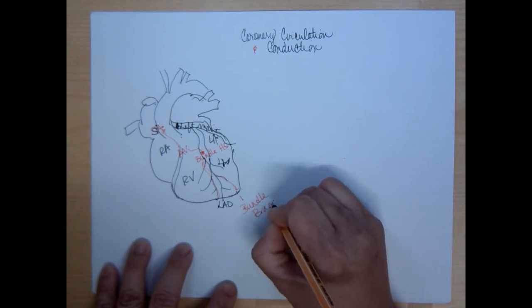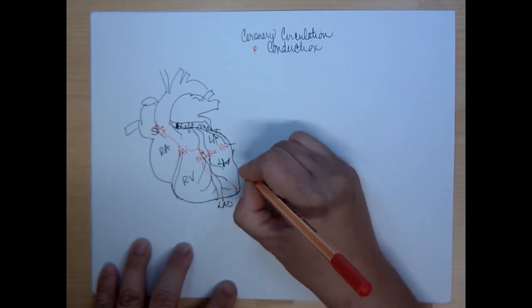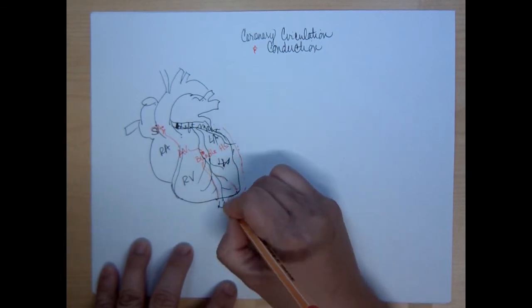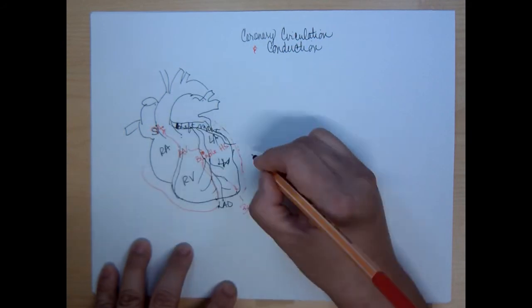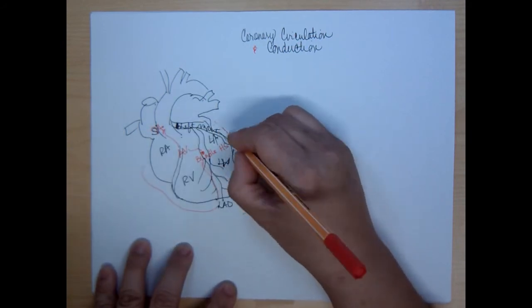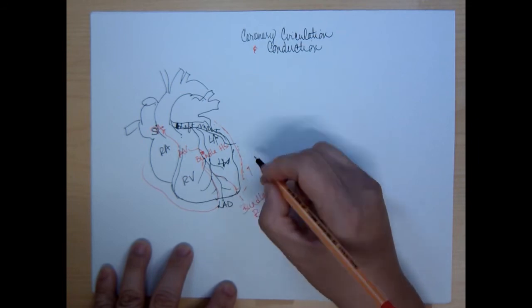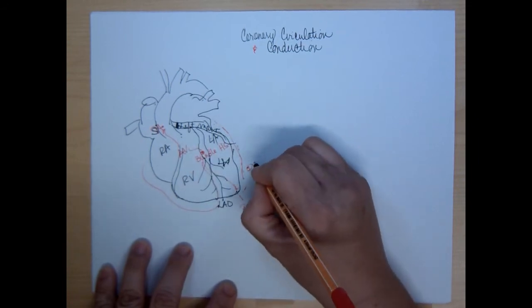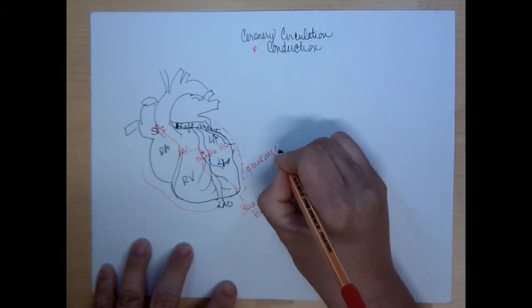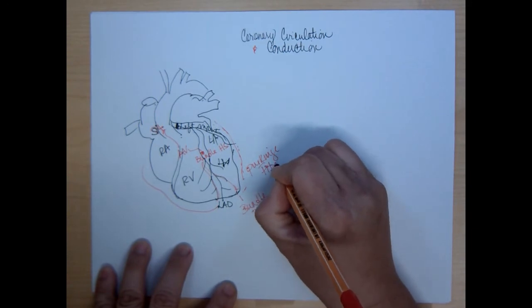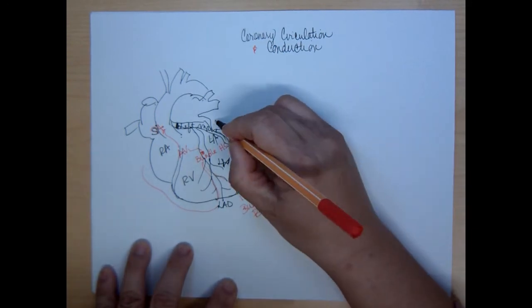And then it kind of depolarizes around to the bundle branch, to the Purkinje fibers. So you just remember that here is the electrical conduction system.